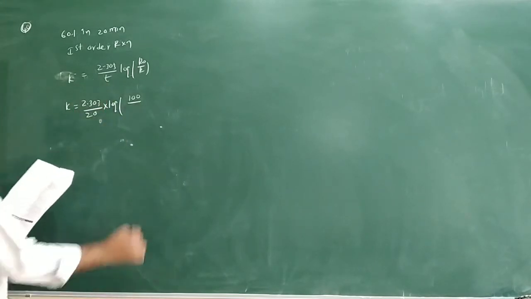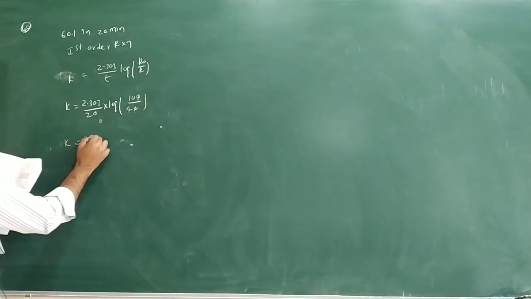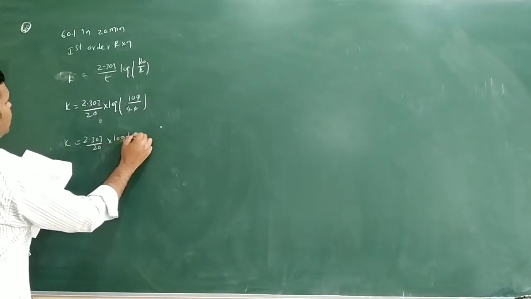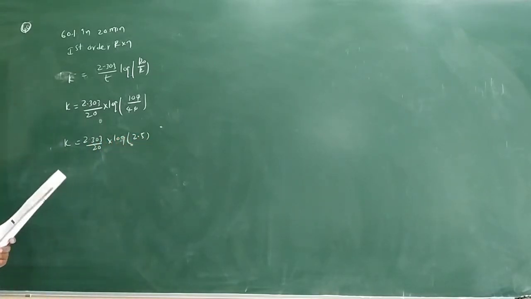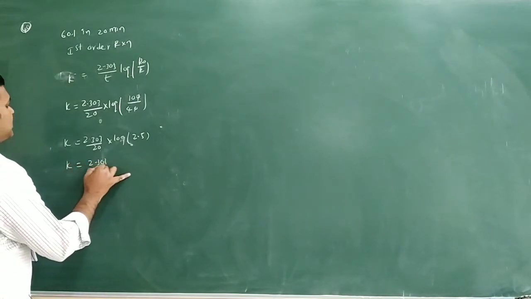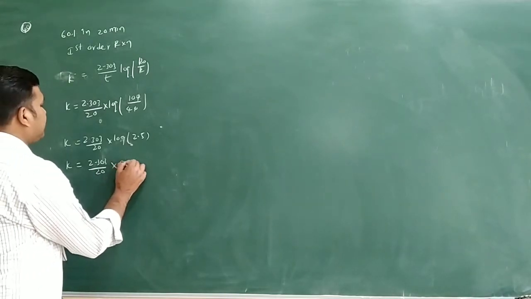Then you will get 40. So the zeros cancel. K is equal to 2.303 by 20 into log 10 by 4. What is the log 10 by 4 value? Log 2.5. So K is equal to 2.303 by 20 into log 2.5, whose value is 0.3979.